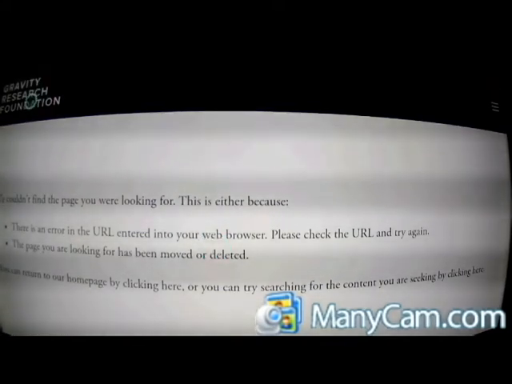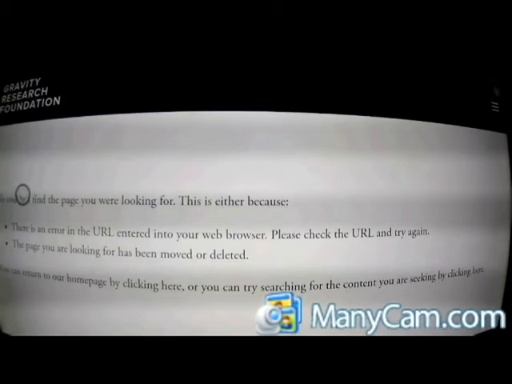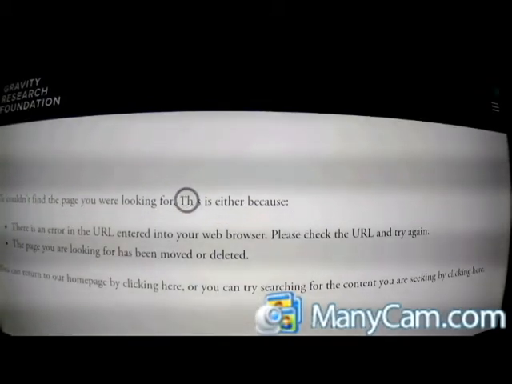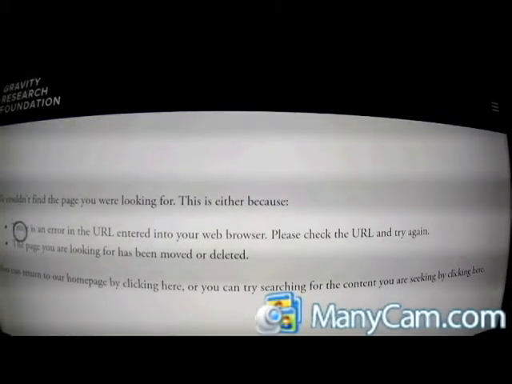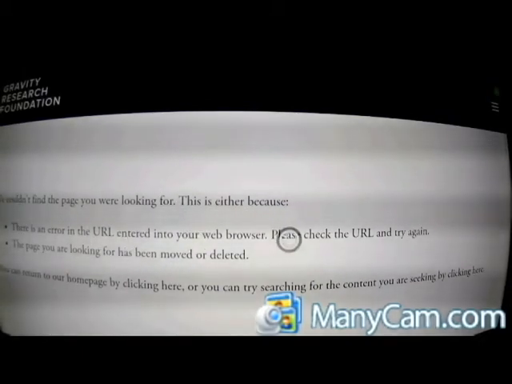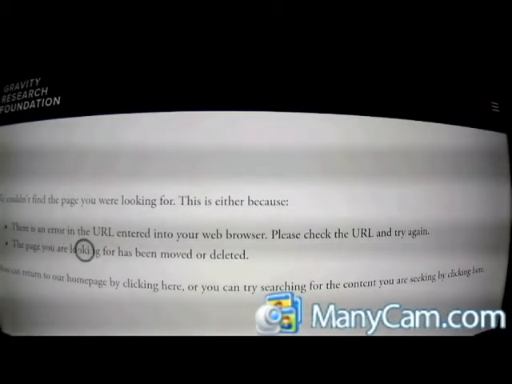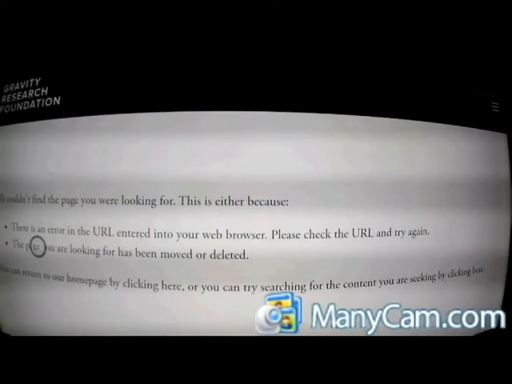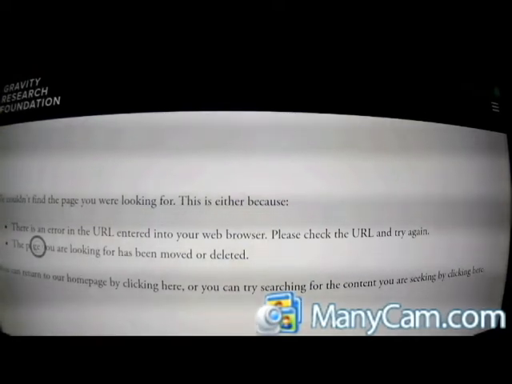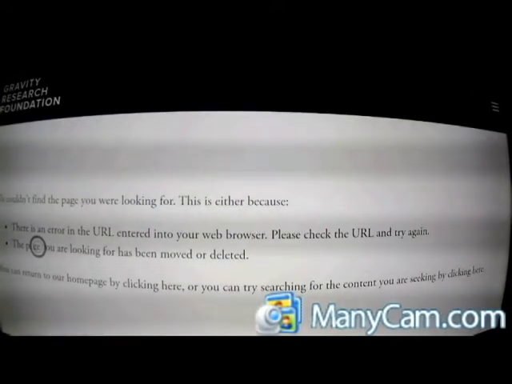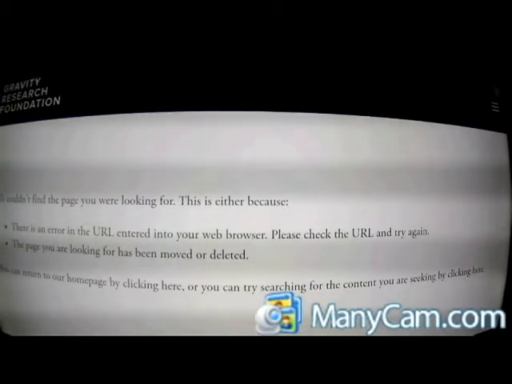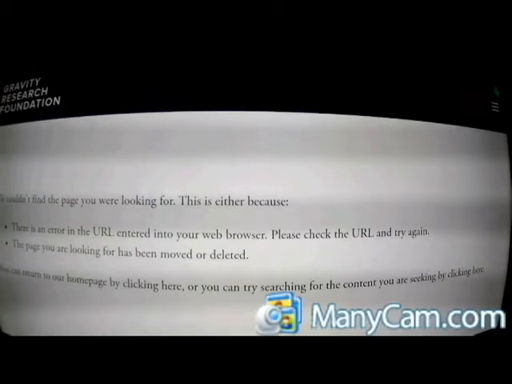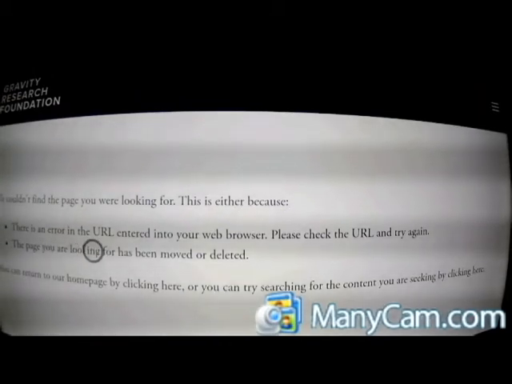It was a Gravity Research Foundation link, but it says we couldn't find the page you were looking for. This is either because there is an error in the URL entered into your web browser, or the page you were looking for has been moved or deleted. And it is the second one, because that's where I got the information from, and that's where I provided the link. Originally that link was good, but that page had been moved or deleted.